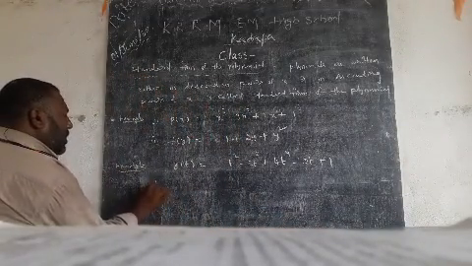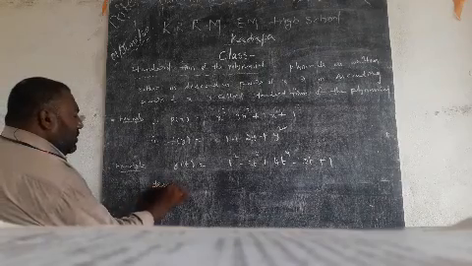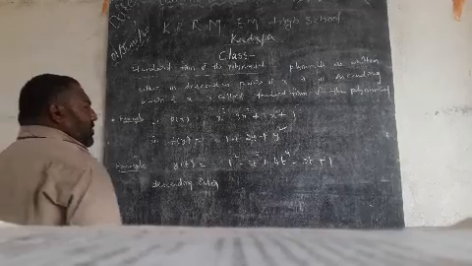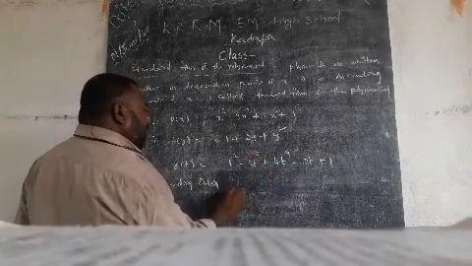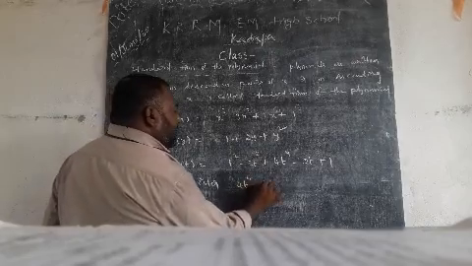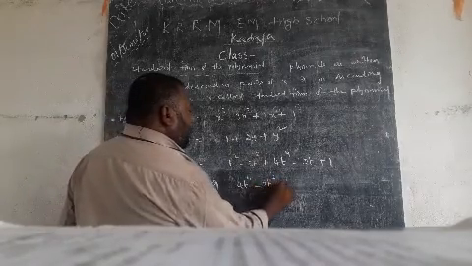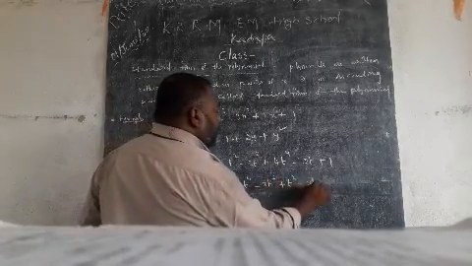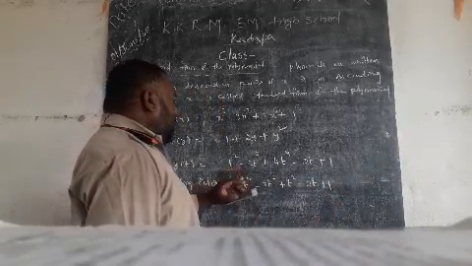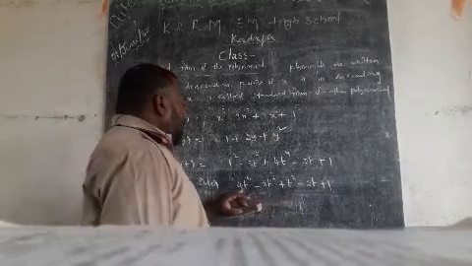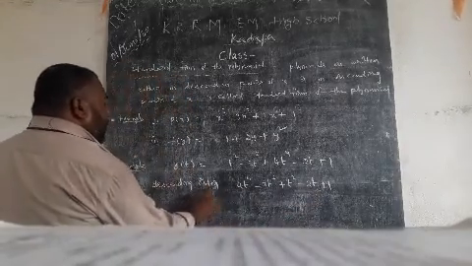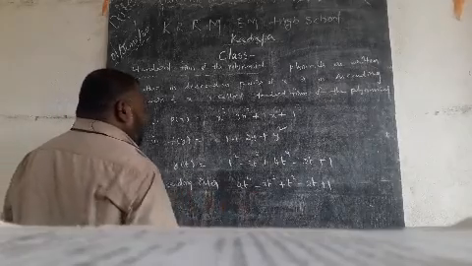In descending order, the highest power comes first: 4t power 4, then minus 3t cubed, then plus t square minus 2t plus 1. This is the standard form according to descending order.